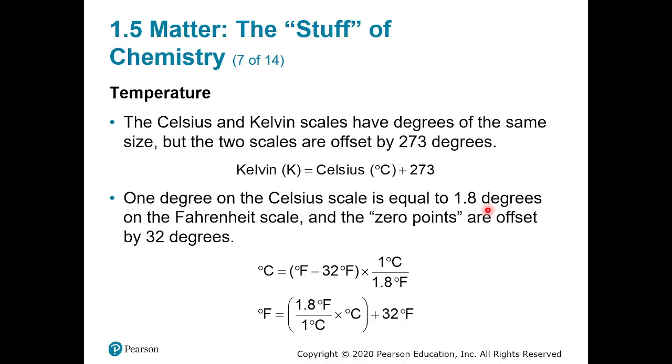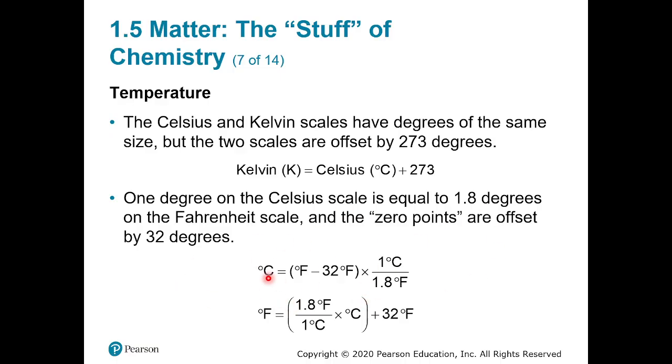So the freezing boiling point difference in water in degrees Fahrenheit is 180. So 180 degrees Fahrenheit is the same distance covered as 100 degrees Celsius. And that's just how I remember it, and I don't know why. But these are actually the formulas if you want to remember it this way. By the time you're done with this class, you'll probably have this really memorized. I'll make you do it so many times.